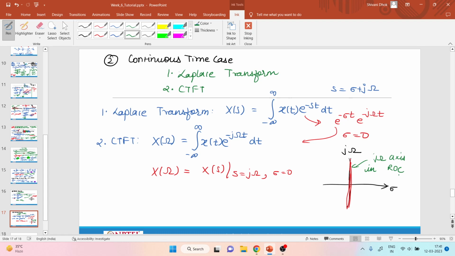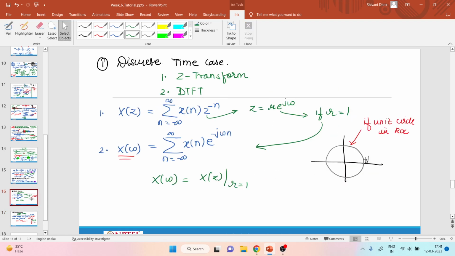This is the correspondence. In a continuous time case, the omega axis must be within the ROC, and in a discrete time case, the unit circle must be within it.